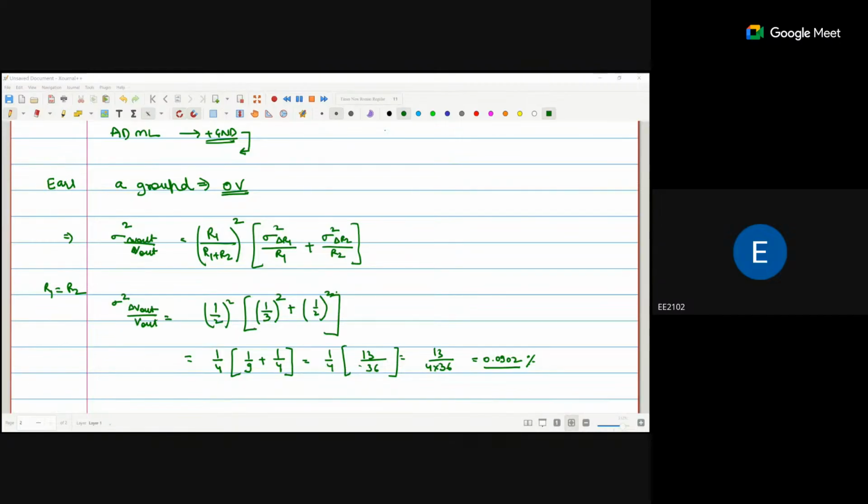So the marks are 0 for that one. Without knowing the values of R1 and R2, we can't calculate R1 upon R1 plus R2 whole square. We can't calculate this value. That's why I already removed this question from there.